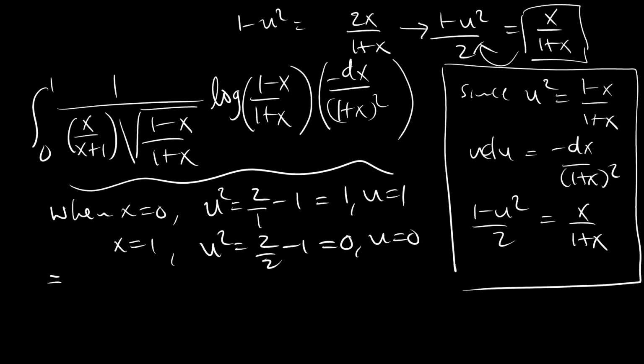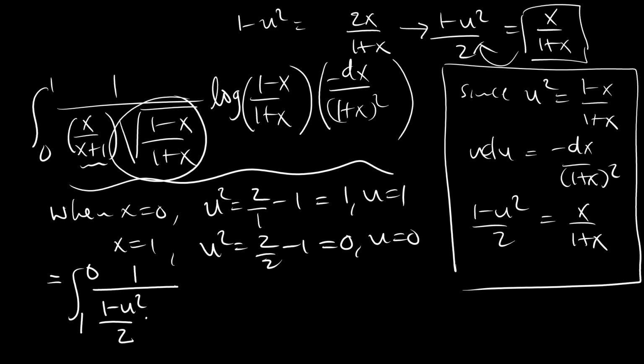So our problem becomes, from 1 to 0, 1 over, this part here becomes 1 minus u squared over 2. This part here becomes the square root of u squared, which is u. This part here becomes log of u squared, and this part here becomes u du. So this and that cancel.